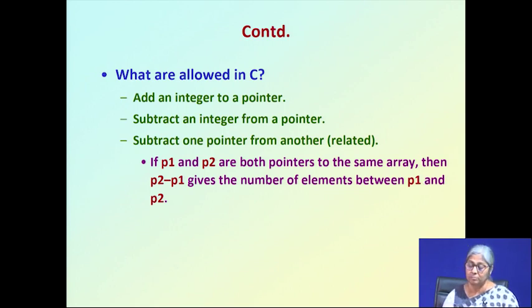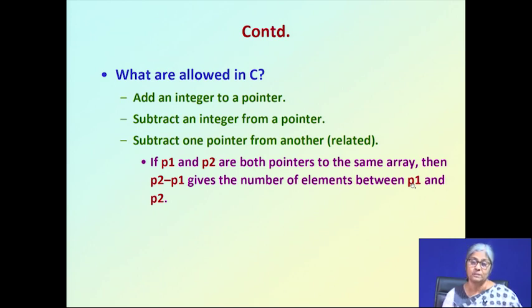The number of elements between P1 and P2, because P1 and P2 are both pointers to the same array. Same array means the data types are same. That means we know how many bytes are required for each array element. See, if it is an integer, then 4 bytes are required. If I do P2 minus P1, then the number of bytes divided by 4 will give that value, the number of elements between P1 and P2.